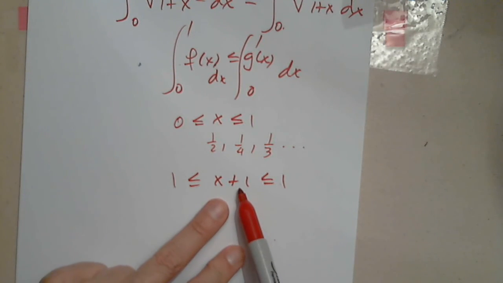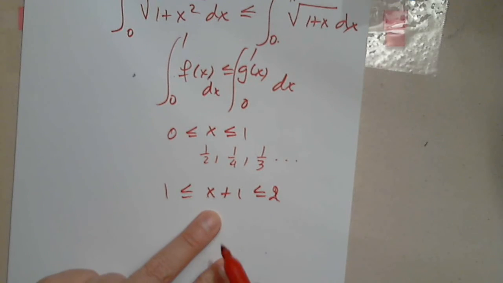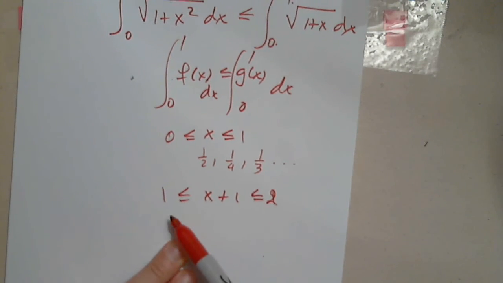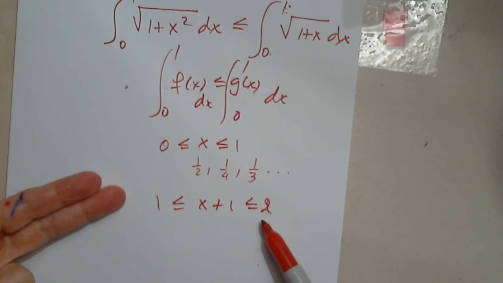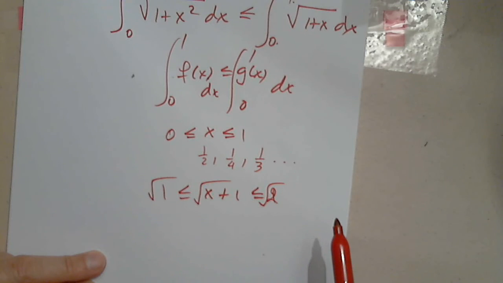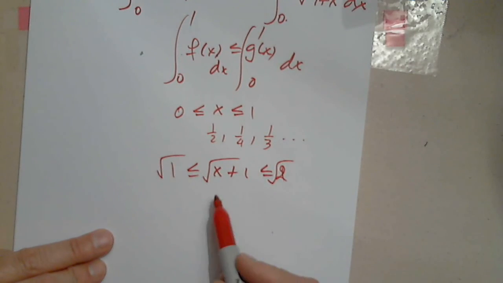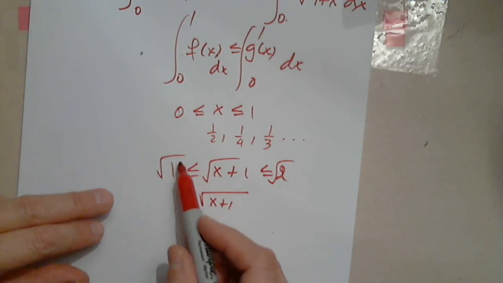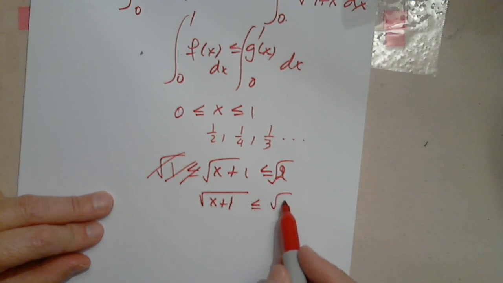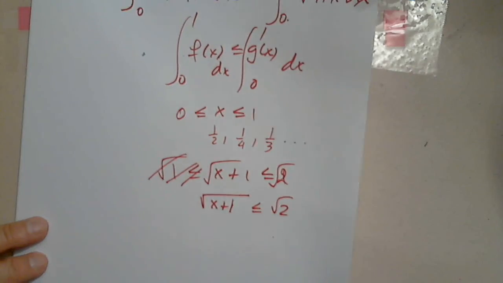Right? So x plus 1 will be a number between 1 and 2. Because everything is positive, only in that case, I can apply the square root. So I know for now that the square root of x plus 1, I don't care for this side, but I know that the square root of x plus 1 is a number less than or equal to the square root of 2.